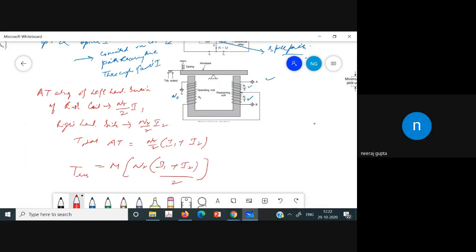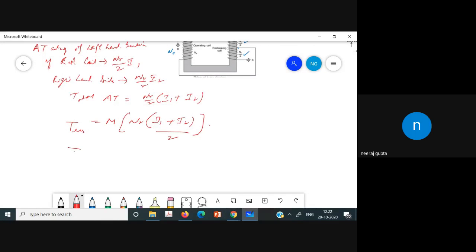However, we have also used a spring, which also acts opposite to the operating torque, so we have included that. So the total restraining torque in that case would be M nr I1 plus I2 divided by 2, squared, plus T spring.